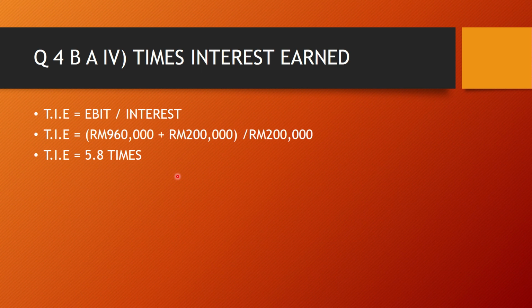So to get earnings before interest and tax, you add back the interest, which is 200,000, and then divide by interest, 200,000. The answer for times interest earned is 5.8 times.